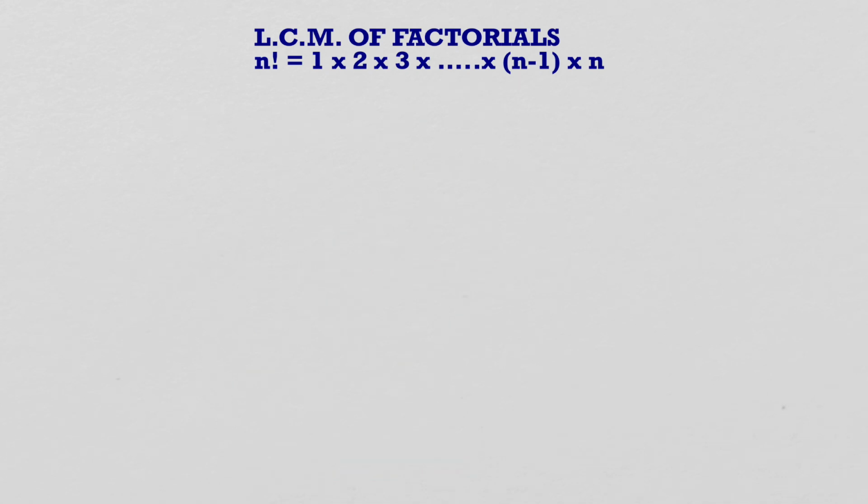Now why do we want to learn this? Why is it so important? Let's see. Suppose we take one question which will help us understand the importance of factorial. Our question is 1 by 9 factorial plus 1 by 10 factorial is equal to x by 11 factorial, and here we have to find the value of x.